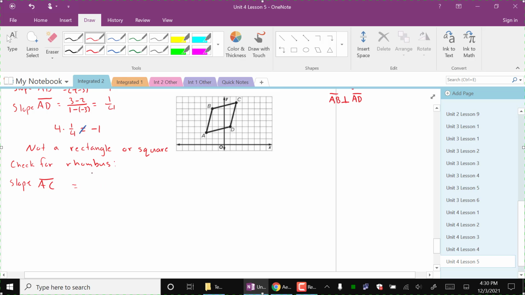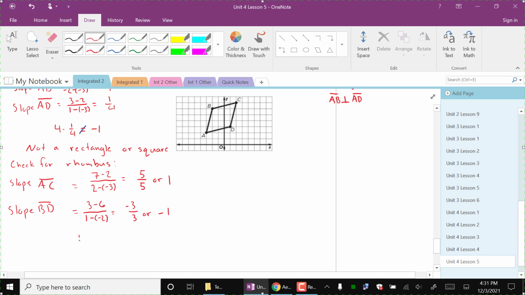That's going to give me 7 minus 2 over 2 minus negative 3. 7 minus 2 is 5 over 5, more commonly known as 1. Now let's check the other diagonal, BD. Slope of BD. Well, this is going to be 3 minus 6 over 1 minus negative 3... again, I'm getting all these points from the beginning. So this is going to give me negative 3 over 3, more commonly known as negative 1.